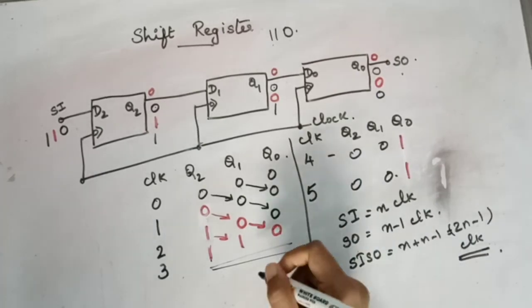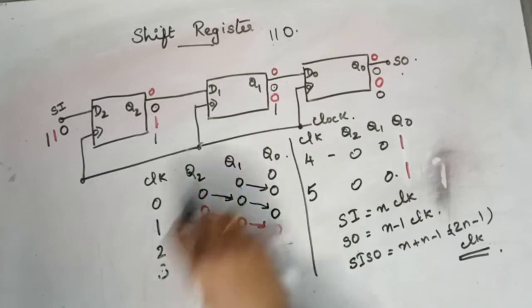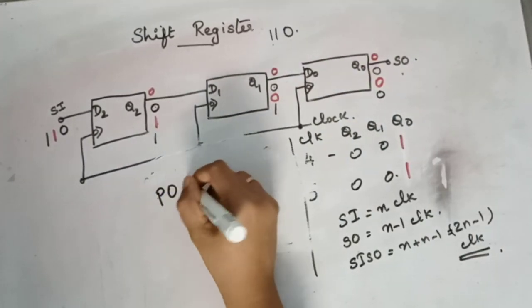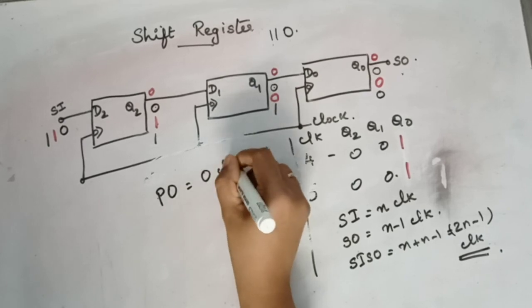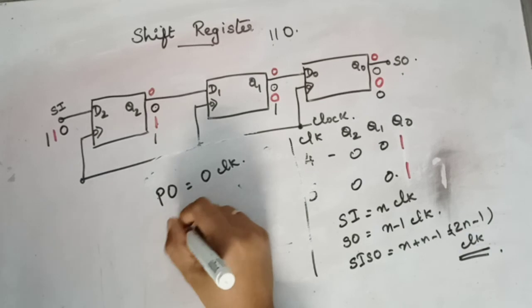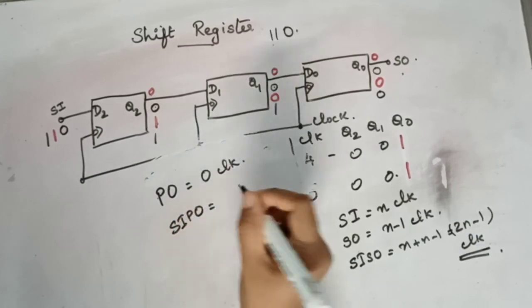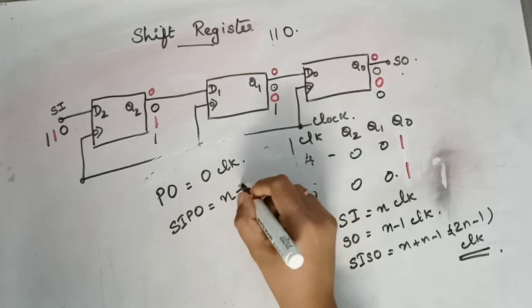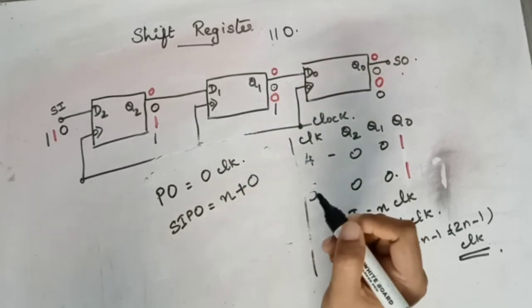Okay, so parallel out, you don't need any clock pulses. So serial in, parallel out requires, for serial in you require n, but for parallel out you don't require any clock pulses.